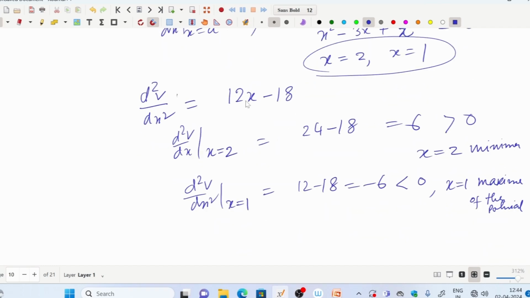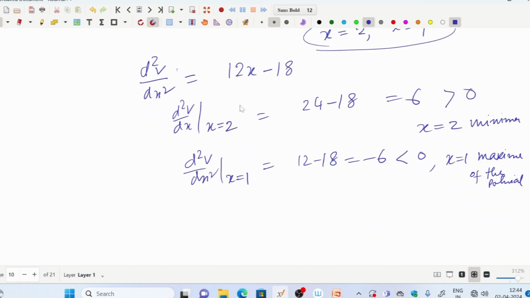Okay. So, we have found that the particle around x equal to 2 can have equilibrium and it can have an oscillatory motion. We have also calculated d2V/dx square at x equal to 2, which is 6.